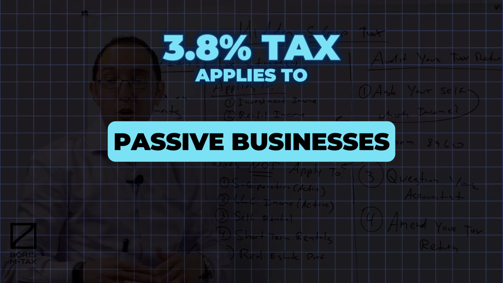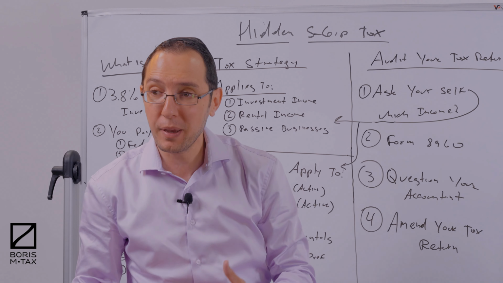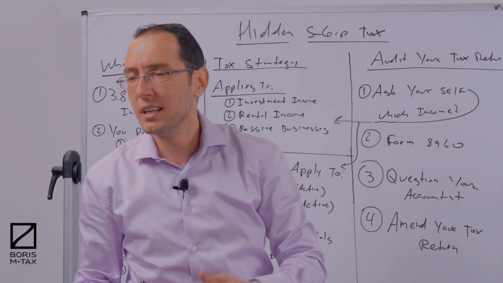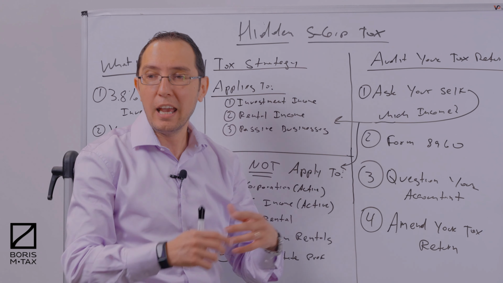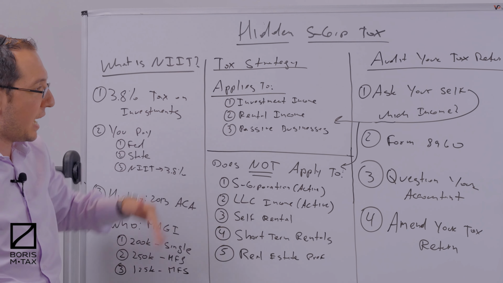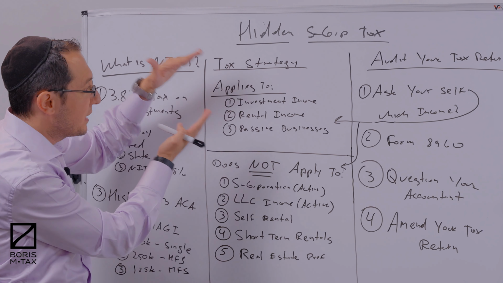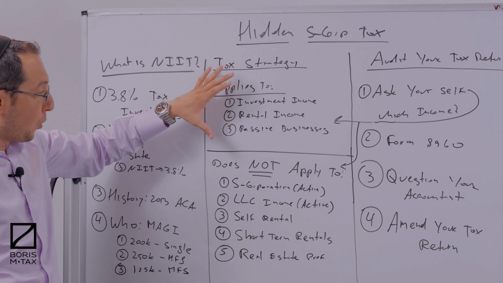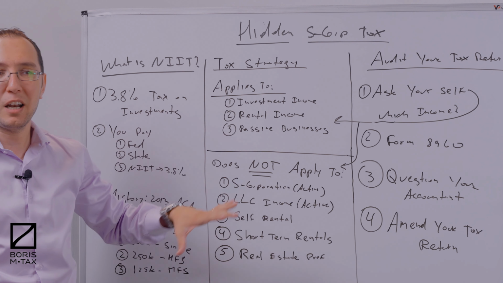In any business where you're not actively participating and you're receiving a K-1, let's say you're a silent partner or you put in less than 500 hours a year and you're considered a passive partner, well, guess what? The 3.8% tax applies to only this bucket. You can't do anything about it, so to speak, but let's talk about what this tax does not apply to.